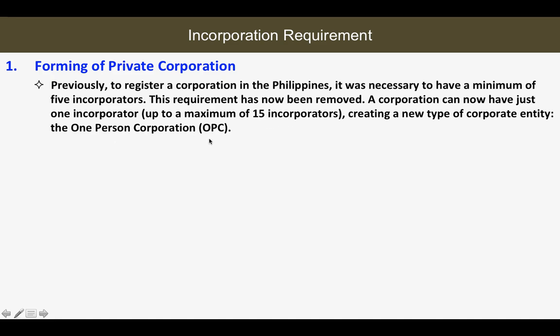Okay, before, the requirement is 5 incorporators, but now, under the revised corporation code, one incorporator can create a new one-person corporation. The next, with regards to capitalization, actually this incorporation requirement that we are looking at are those provisions that were changed under the new corporation code.